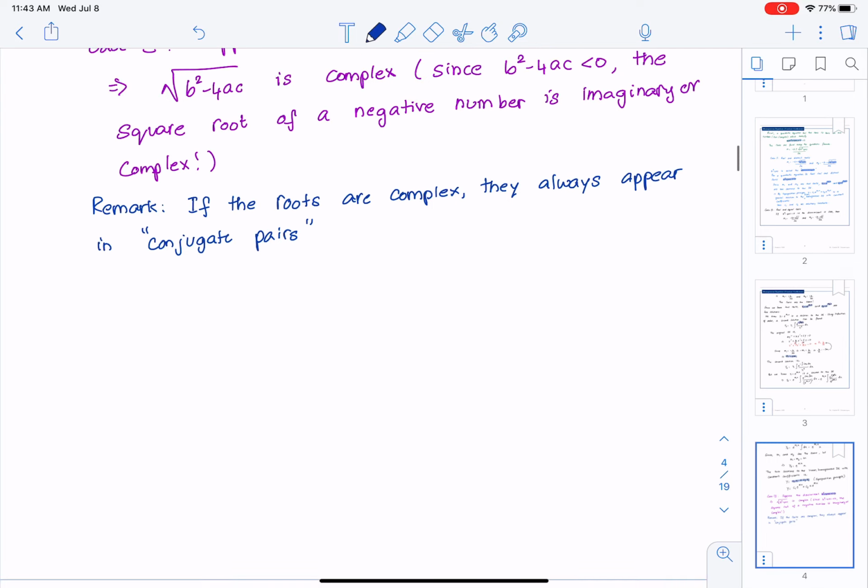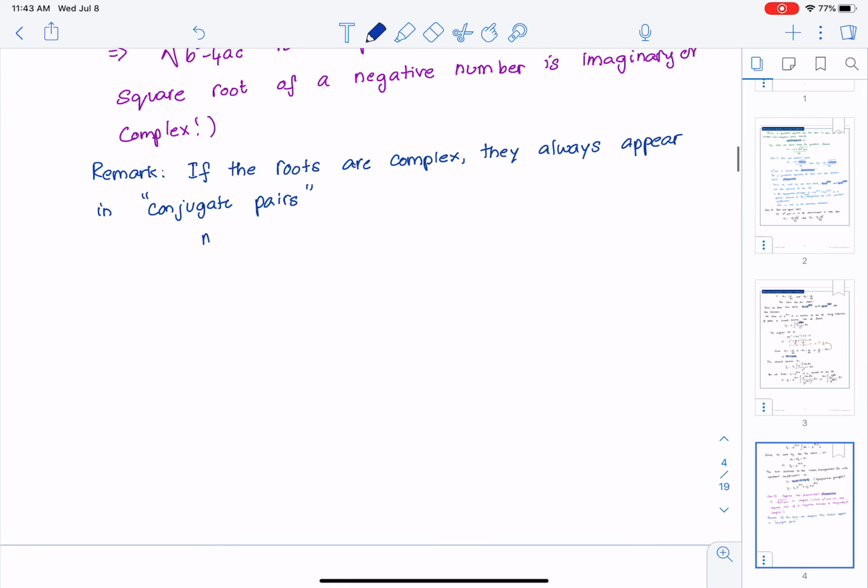In other words, if one root is a plus ib, then the other root would be a minus ib.